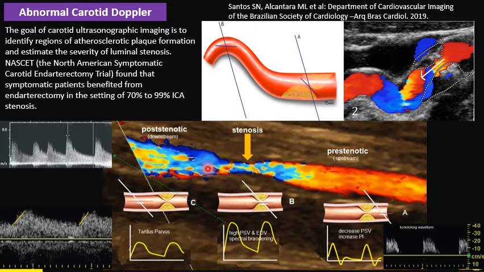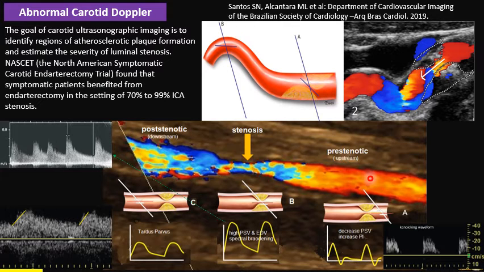Now let's see what type of blood flow pattern each of those regions has in Doppler. At the stenosis, we expect to see high velocity and spectral broadening, high velocity at both systole and diastole, and widening of the spectral and decreasing spectral window, and in severe cases the spectral window completely disappears, that we call spectral filling.